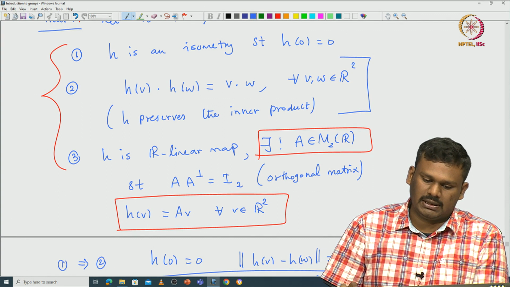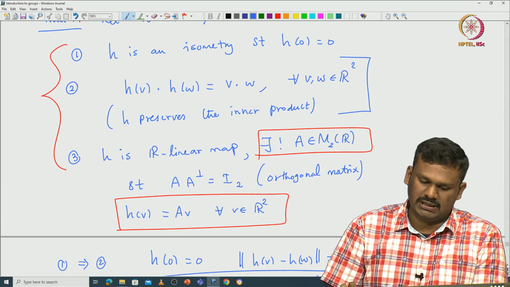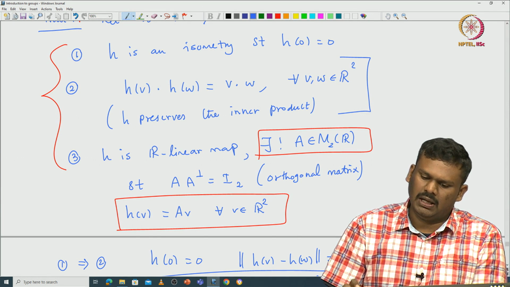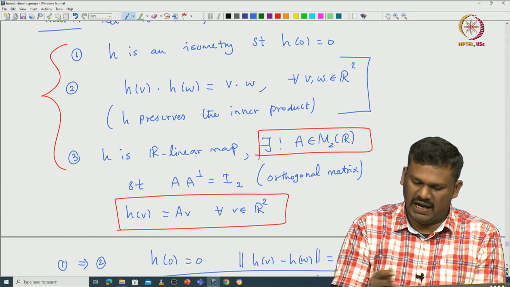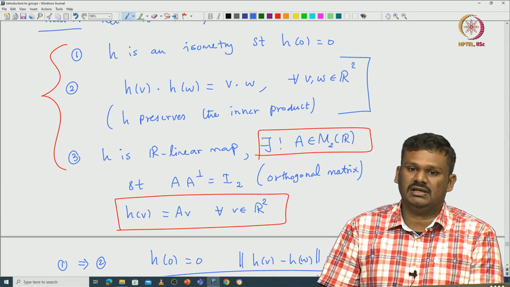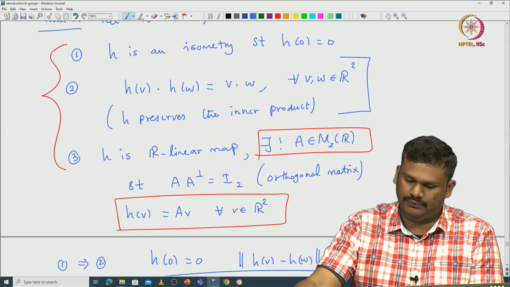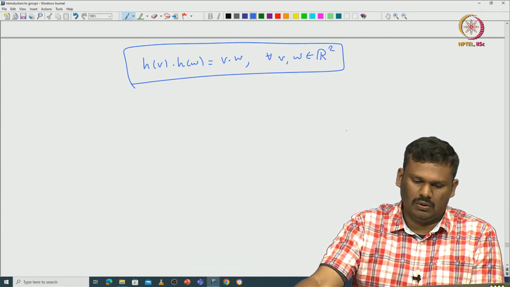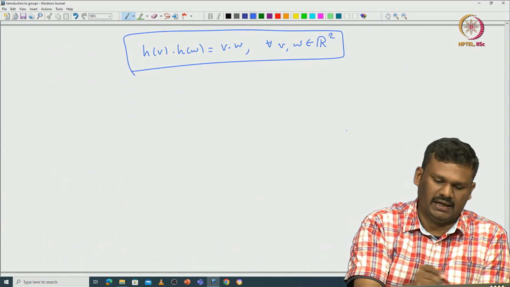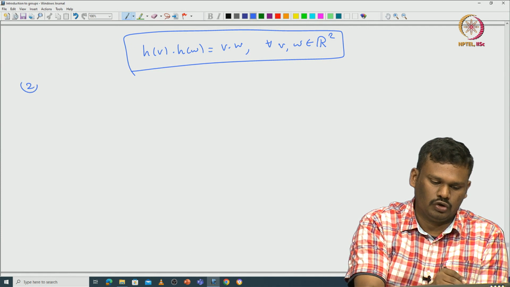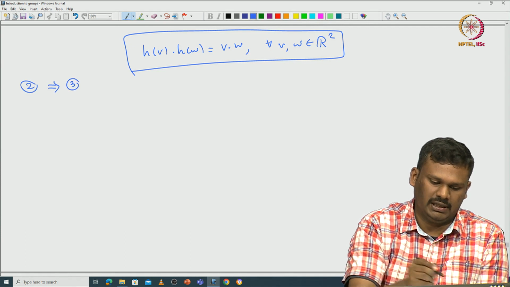Now, let us look at this condition 2 and conclude that H is indeed R linear, and that there is an orthogonal matrix A such that H of V is given by AV. Okay, so how can one get this? Since we have condition 2, we want to prove that 2 implies 3.